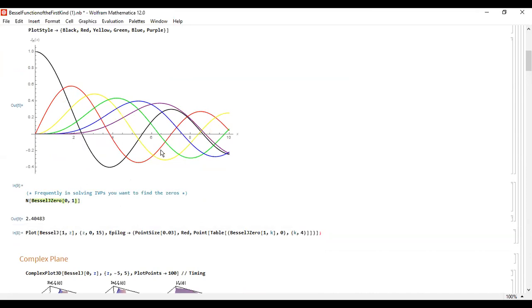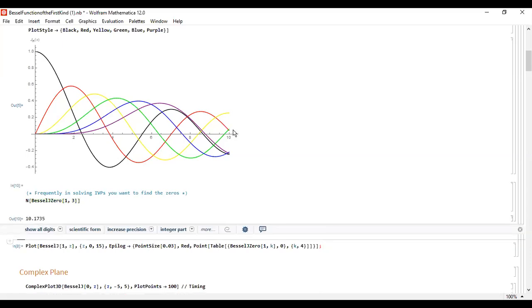If I wanted to find this point, that is the first Bessel function, and that would be its third zero. Sorry, that's the third zero.